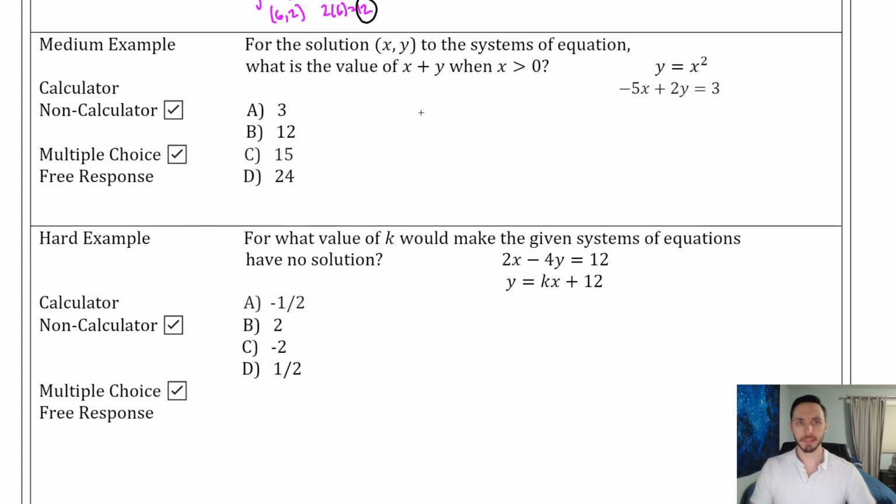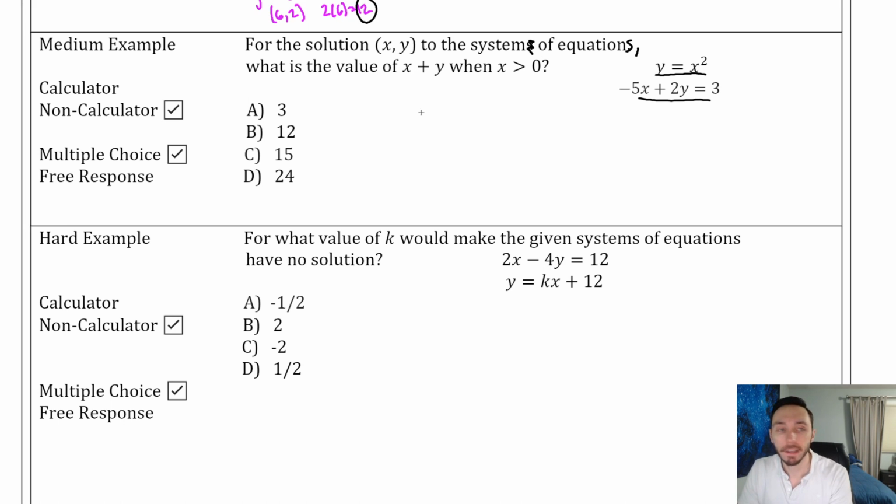Okay, keeping this train moving. So for the solution xy to the system of equations, yeah, that's going to happen. Didn't proofread this. What is the value of x plus y when x is greater than 0? Looks like I cannot use a calculator, because to me I see a parabola and I see a line.